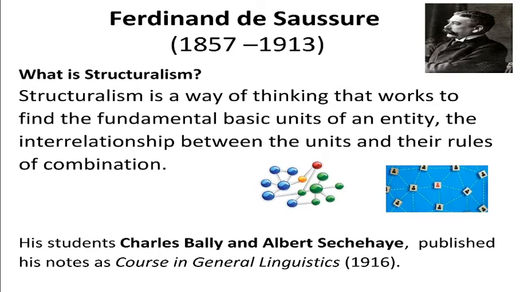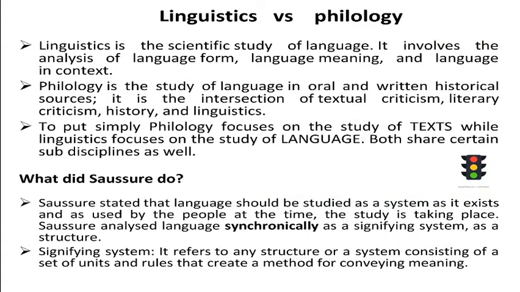Now, what is linguistics and what is philology? Linguistics is the study of language. It involves the analysis of language form, language meaning, and language in context. Philology is the study of language in oral and written historical sources.